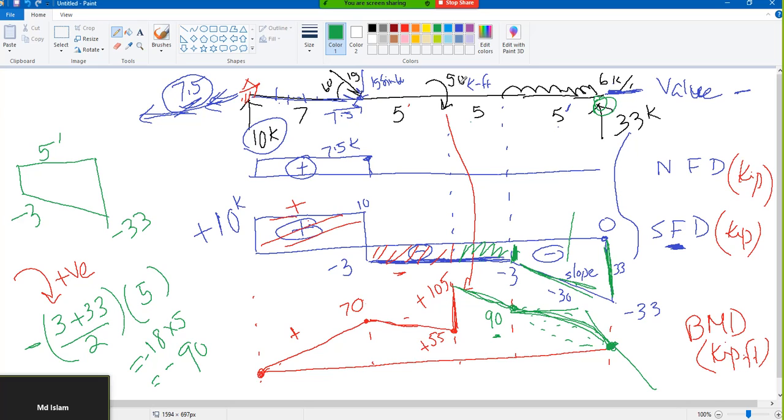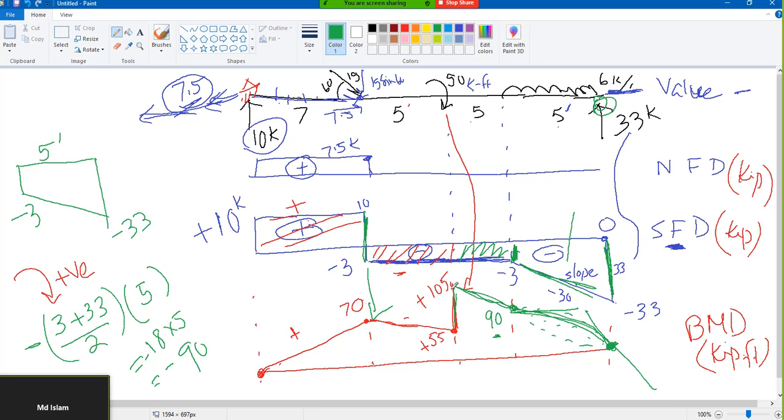Something to learn in this diagram is that if there is a concentrated moment, do not consider it in your shear force diagram. And the third thing you can check: we know that moment is maximum where there is a change in sign of the shear force. The shear force changes sign here. But you can see my moment here jumped, but it could not win because of this concentrated moment.